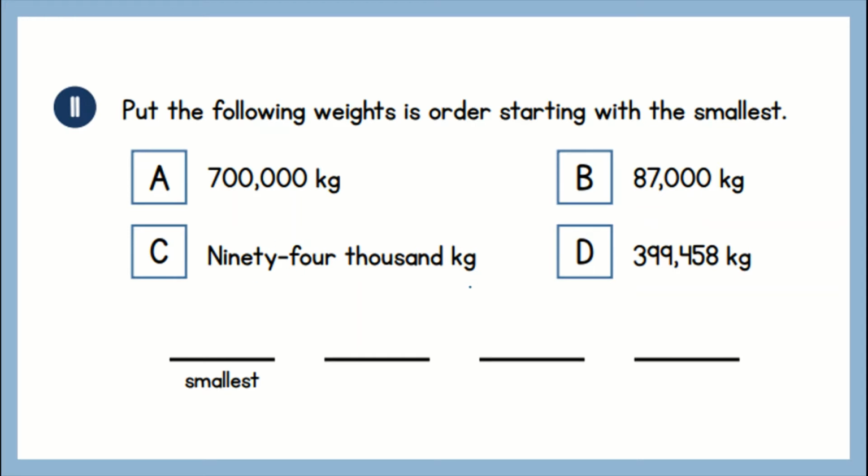I'm going to first start off with writing this as a number, so 94,000 kilograms. The smallest here is this one, so B. The next biggest is C. The next biggest is D. And the biggest of them all is A.